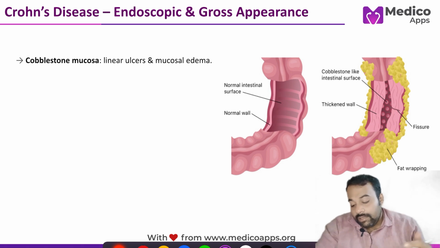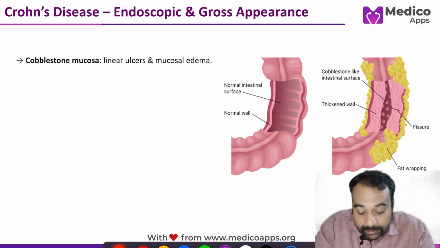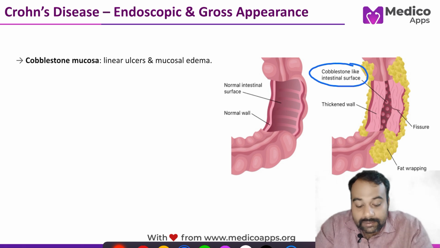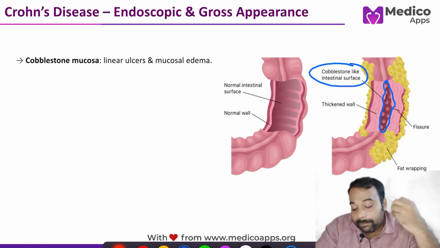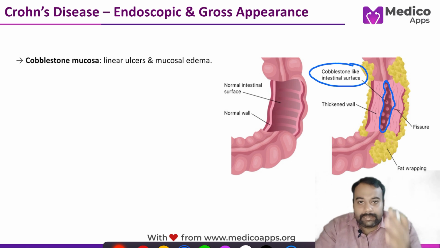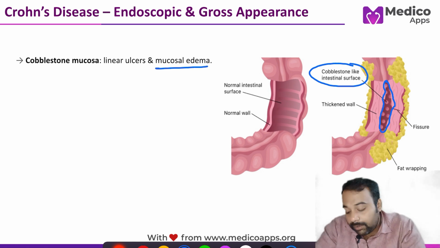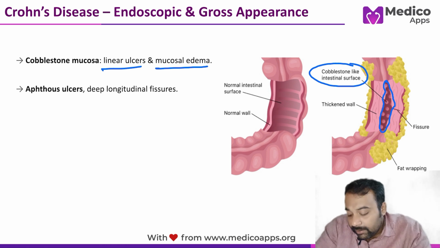As a result, linear ulcers develop, and these eventually give rise to a cobblestone-like intestinal surface. You can appreciate that in this image. The diagram shows the cobblestone-like appearance, which happens due to, number one, mucosal edema, and number two, linear ulcers.